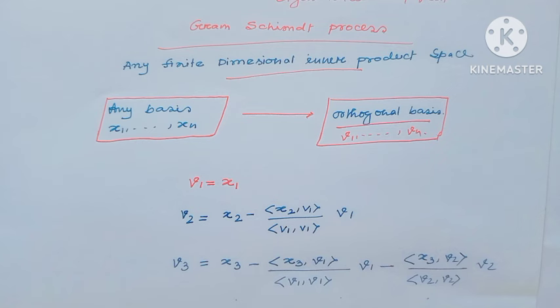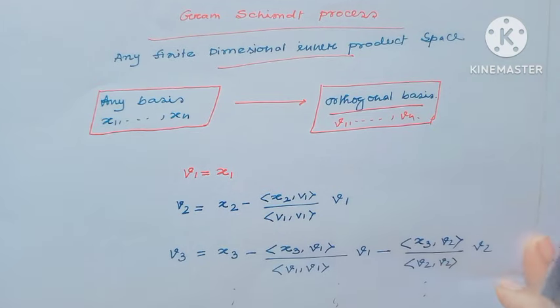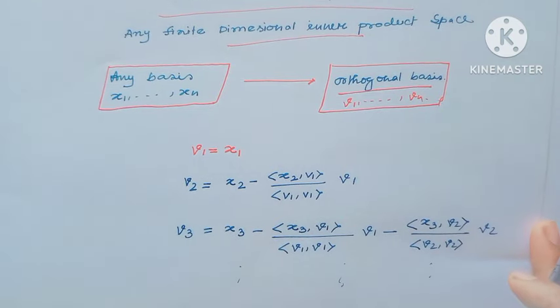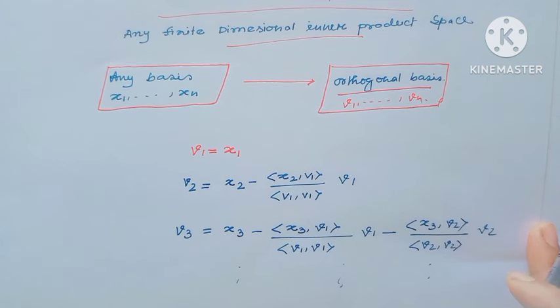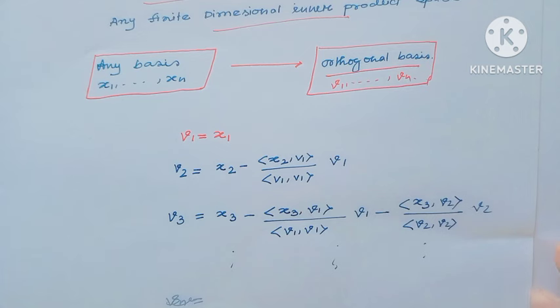We know that in any finite dimensional inner product space, any basis x1, x2 up to xn transforms to an orthogonal basis, and we can do this by the Gram-Schmidt method. x1 to xn transform to v1 to vn, where v1 equals x1, v2 equals x2 minus inner product of x2 with v1 divided by inner product of v1 with v1 times v1, and v3 equals x3 minus inner product of x3 with v1 divided by inner product of v1 with v1 times v1 minus inner product of x3 with v2 divided by inner product of v2 with v2 times v2, and so on.